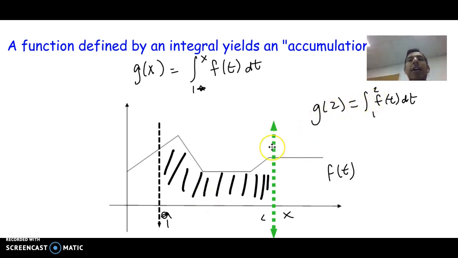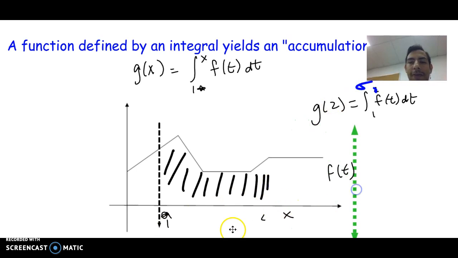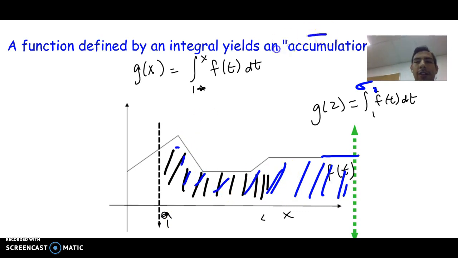So if I wanted, instead of g of 2, I wanted g of 5, then all I would do is go all the way out to g of 5 and find that area. And that area accumulated would be the value of g of 5.